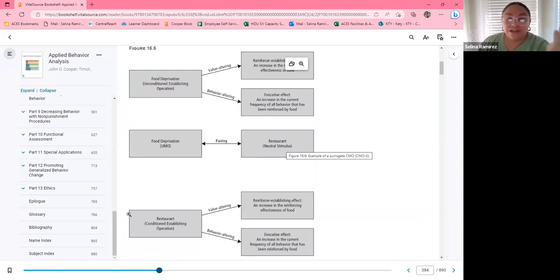So your restaurant is now your EO. So now that restaurant is going to have value altering and behavior altering effects. The value altering is going to be a reinforcer establishing effect, an increase in the reinforcing effectiveness of food. And then for behavior altering, an increase in the current frequency of all behaviors that have been reinforced by food.